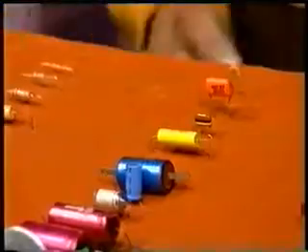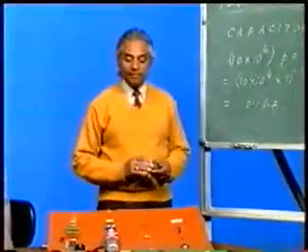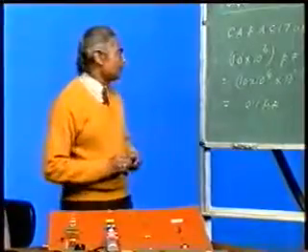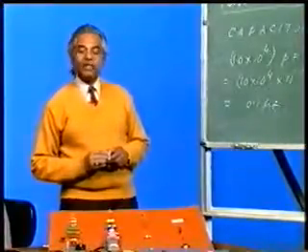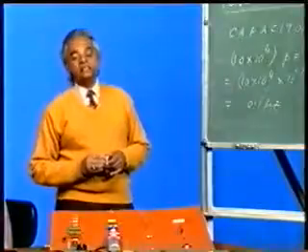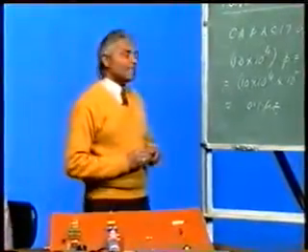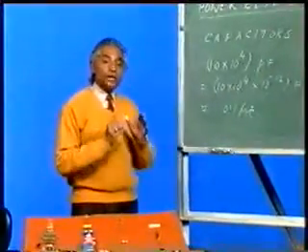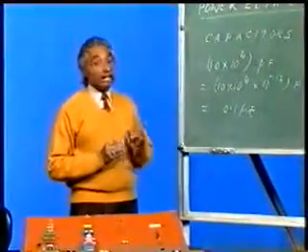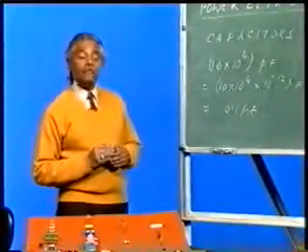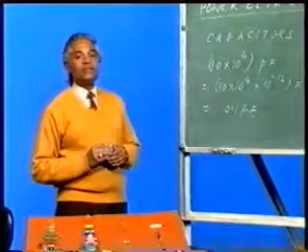Then there are dielectric capacitors, electrolytic dielectric capacitors. Here of course you have to know two things. Number one is its polarity, and number two is its voltage and capacitance rating. Usually in this type of capacitors, the voltage and the capacitance are printed on it, but the polarity, which is very important because you are going to connect it in DC, you have to know which one is positive and which one is negative.